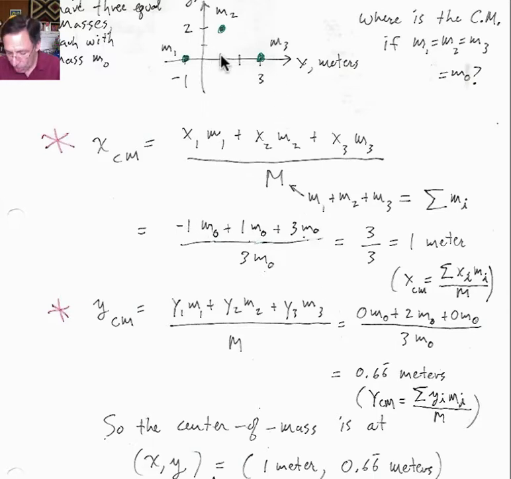So the location of the center of mass is at y equals 0.666 here, somewhere along here, and x equals 1, and that means the center of mass is right there. I'll do it in a different color. There, that's where the center of mass is.